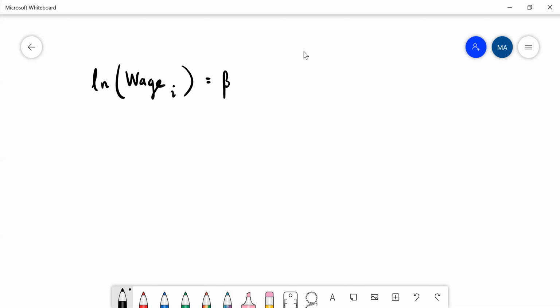They run a regression. They have people in the sample, so these are individuals, individual workers, let's say.